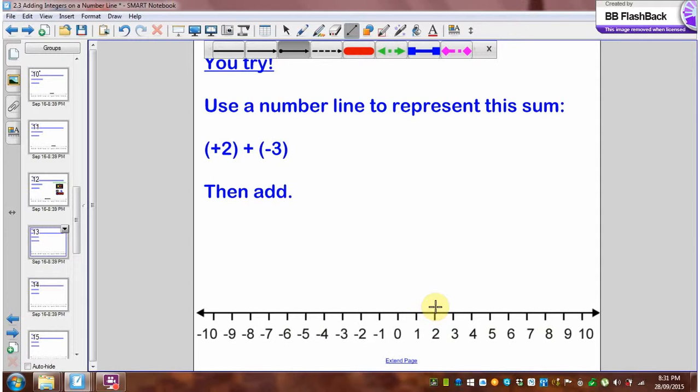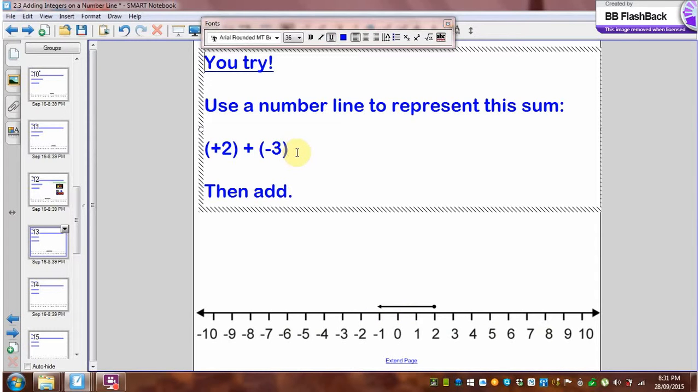Okay, and then are we going to the left or right here? We have a negative, so we're going down. We're going to the left 3. So we start at our positive 2, and then we go down 3 spaces. 1, 2, 3. So we end up at negative 1.